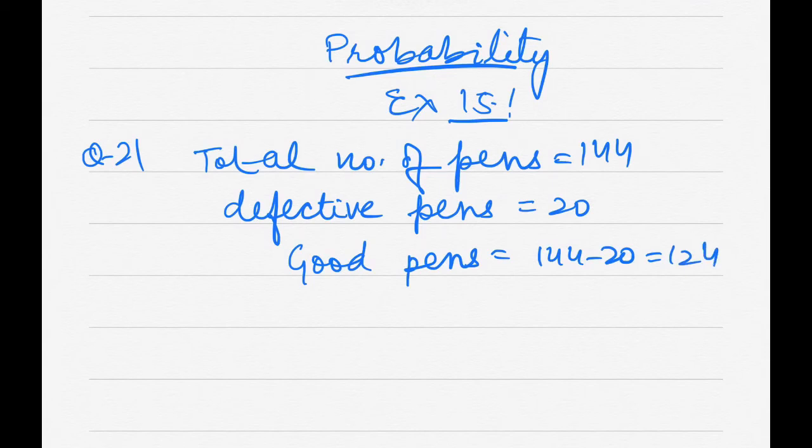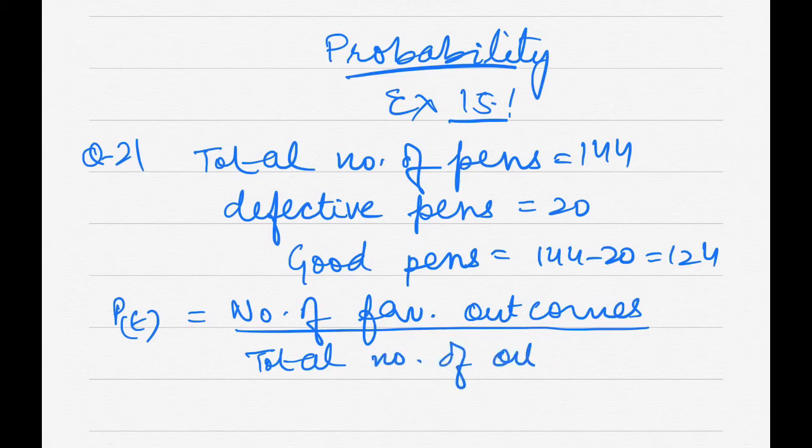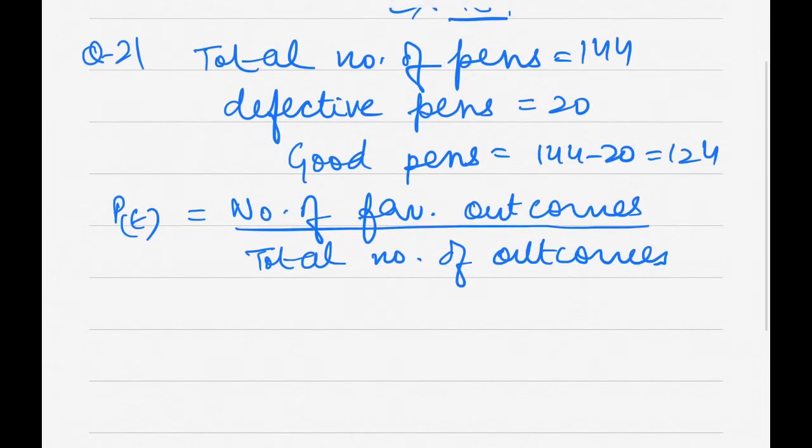Now what is the probability? First let me write down the formula. The probability of an event is equal to the number of favorable outcomes by the total number of outcomes. In the first part they are asking what is the probability that she will buy it.